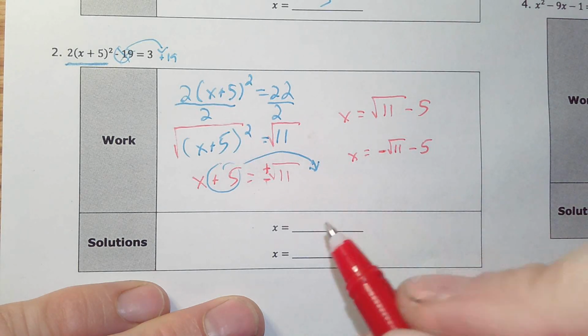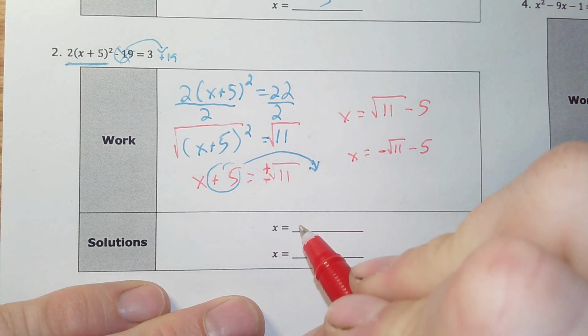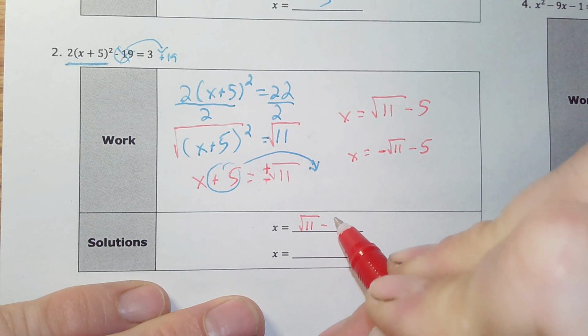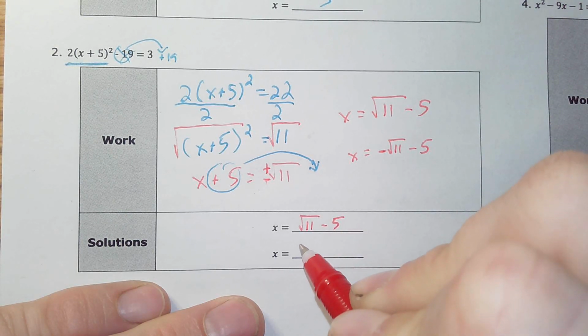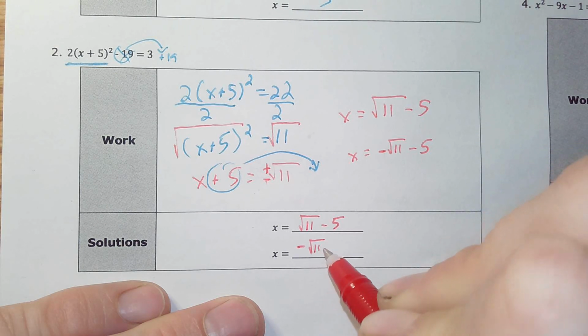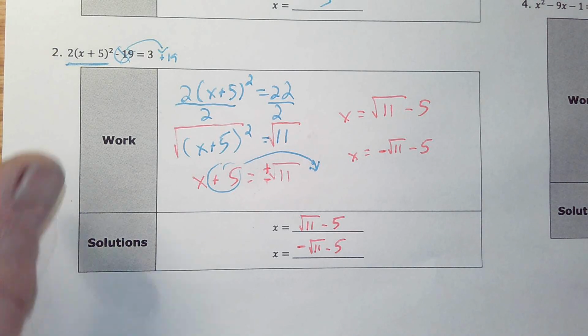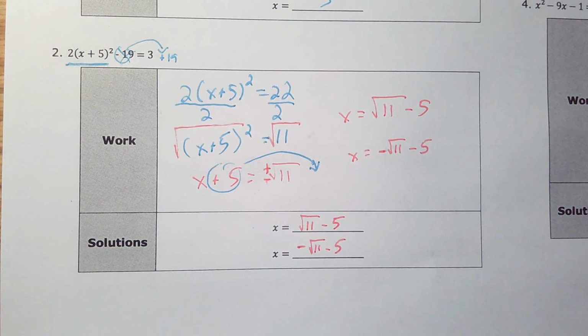And that's going to be what I put in here. I put in square root of 11 minus 5, and then the negative square root of 11 minus 5. If you put a plus sign right there, it's not wrong. Okay, it's just not needed.